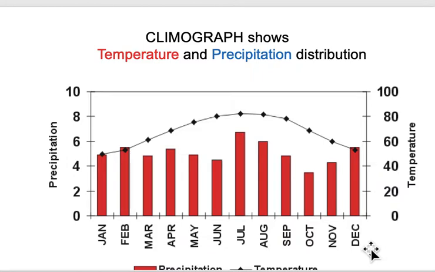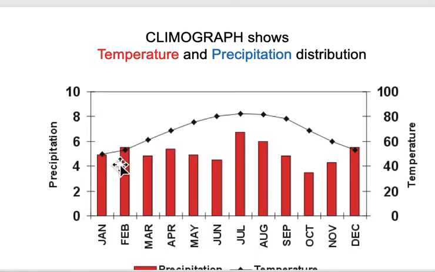Now the precipitation is always shown as a bar graph. So these are the precipitation amounts for each month. If you want to know how much precipitation there was in April, you're going to have to go over here to the left and read it off the left y-axis. So this would be about 5 inches of rain in April.